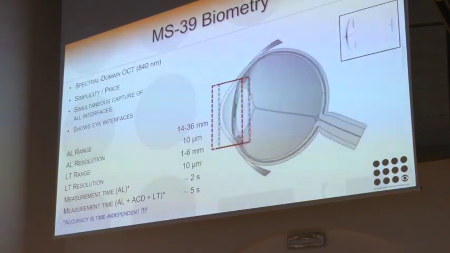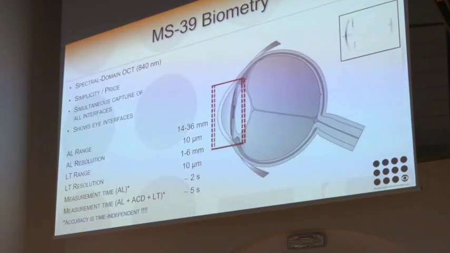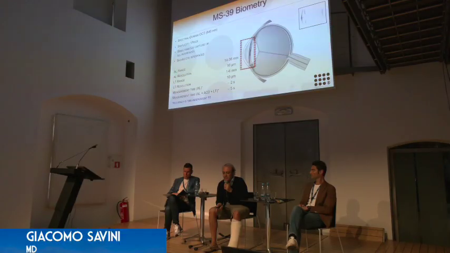These are the technical features. You can measure axial length from 14 to 36 millimeters with a 10 microns axial length resolution, a lens thickness range from 1 to 6 millimeters, and a resolution of 10 microns. When you take all measurements, it takes about 5 seconds to measure axial length, ACD, and lens thickness.